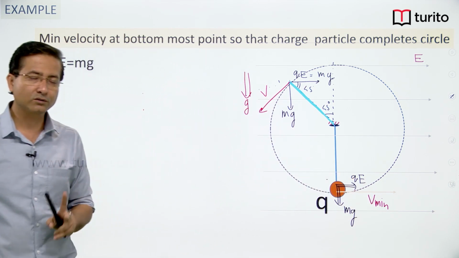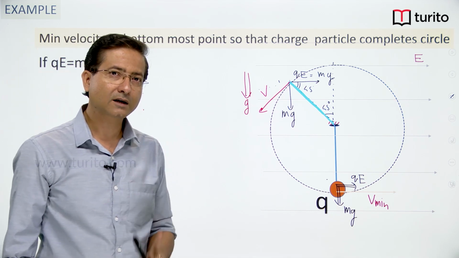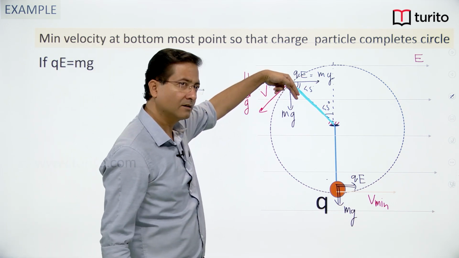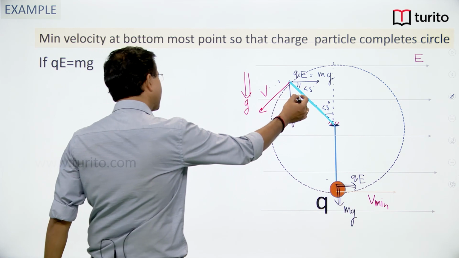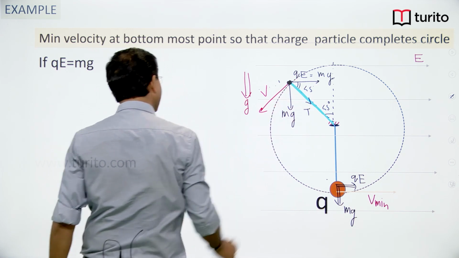So I do not know this v min, I do not know v. So there are two unknowns, so I need to write two equations. The first equation is the condition, which we have just discussed. If I draw the free body diagram at this point, then one force is tension, right.